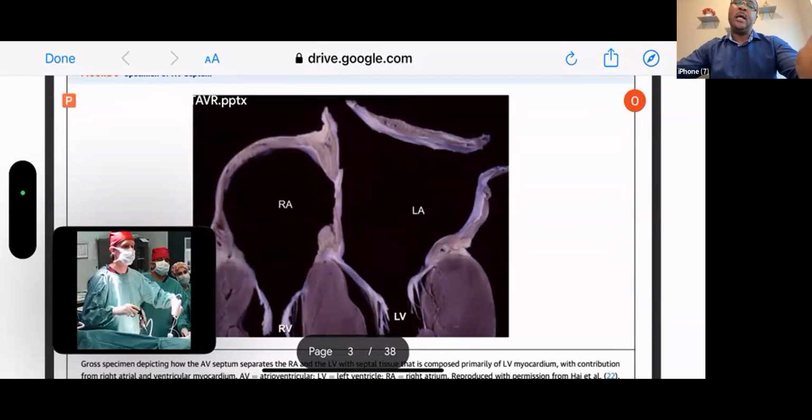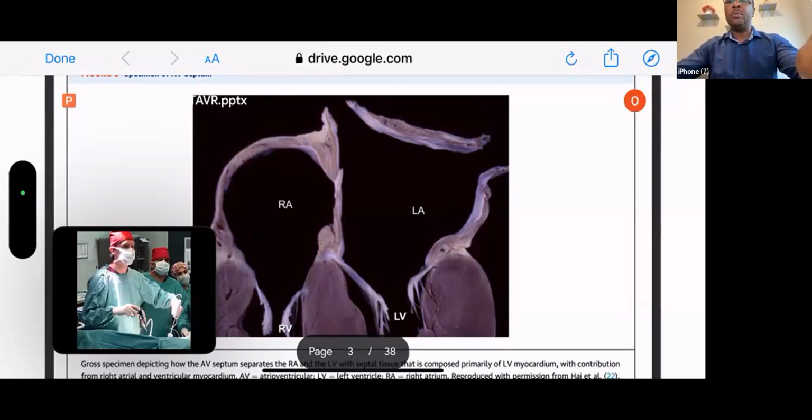So you have that part of the interventricular septum that connects the left ventricle with the right atrium. In the uppermost part of that is the membranous septum, and that is where the bundle of His penetrates and then goes down and divides into the right bundle and the left bundle.